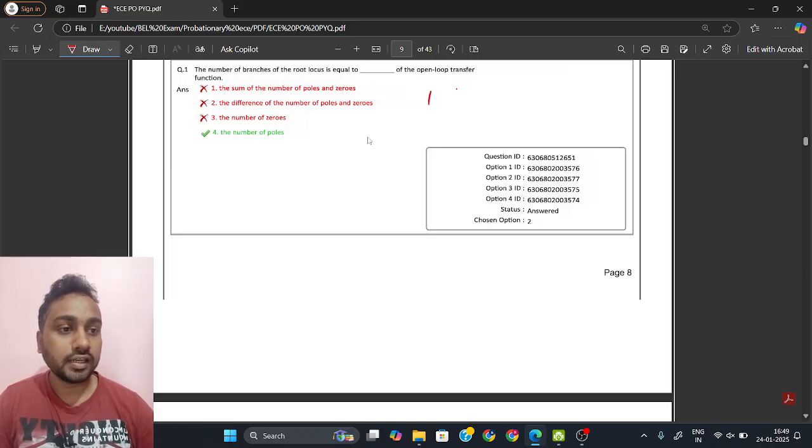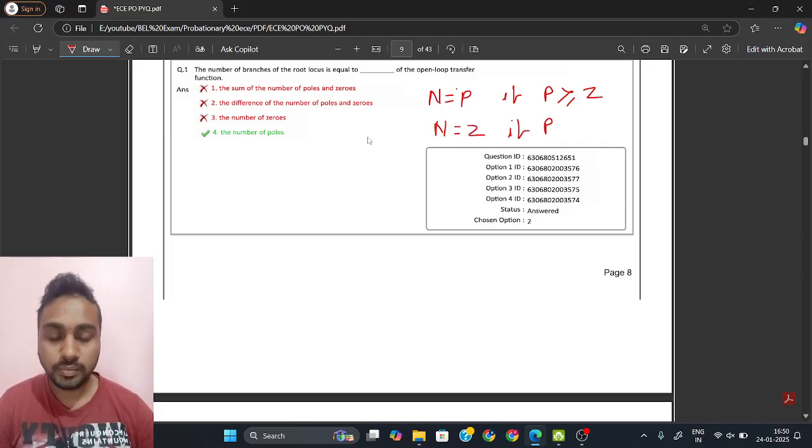First, n equal to p when p is greater than or equal to z, and n equal to z if p is less than z, where n is the number of branches.